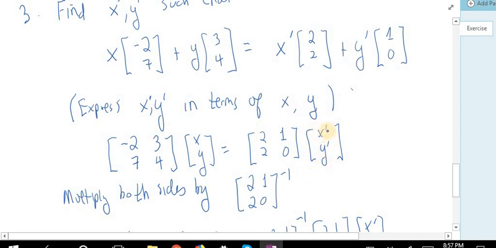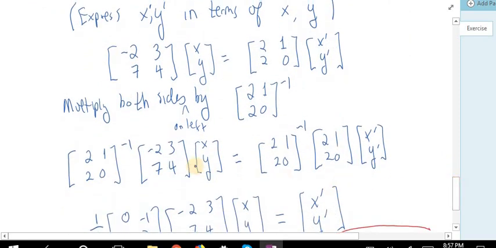Now I want to solve for x prime y prime. Well, I can multiply both sides on the left by this inverse matrix. If I multiply by this inverse matrix on the right-hand side, it will kill this matrix and give me x prime y prime. And then on the left-hand side it will give me my solution. All right, so let's just do that.